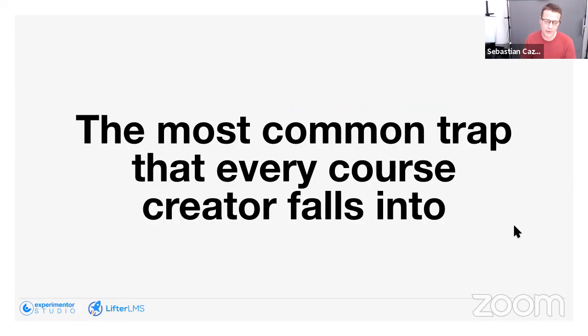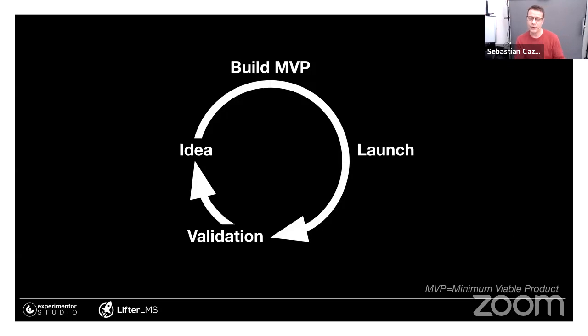Let me tell you about the thing that I discovered on my own. I'm telling you that it happens to me as well, although I started to develop e-learning or online courses 10 or 11 years ago. There is a trap that every course creator falls into. And this is based on the conceptual approach called Lean Startup method.